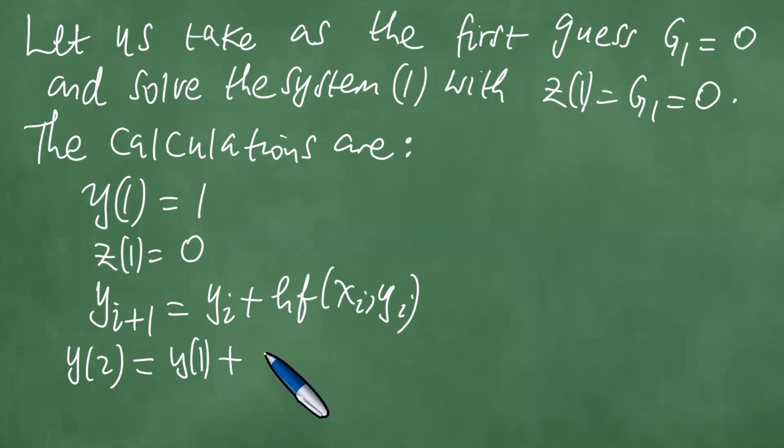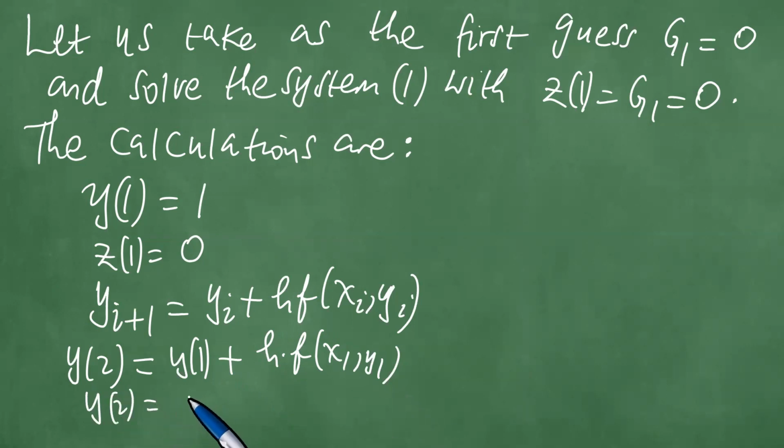And then if this is y2, then when i is 1, this is going to be y1 plus h f of x1, y1, which means y2. What is y1? It's 1, plus h is 1, and f is the differential equation. So this one is y primed, but we know that y primed is z.